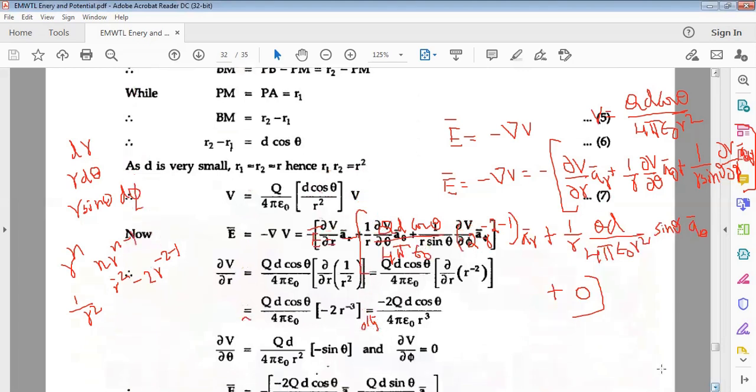You see here, finally, for dou v by dou r, the term we get is minus 2 cos theta. Minus 2 q d cos theta by 4 pi epsilon naught r power minus 2 minus 1, that is r, is the first term.